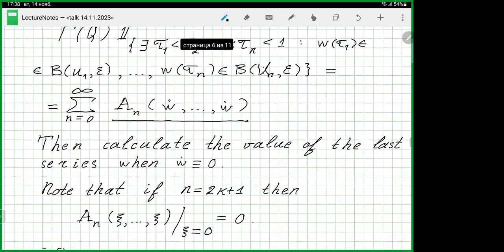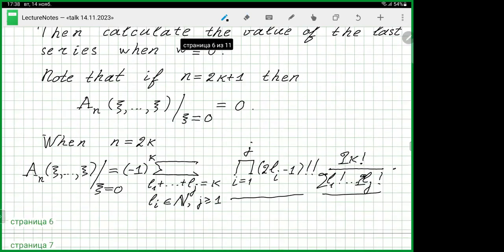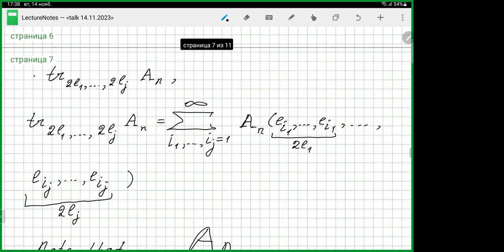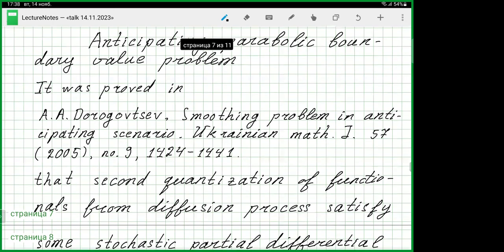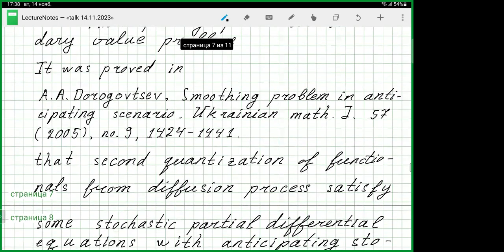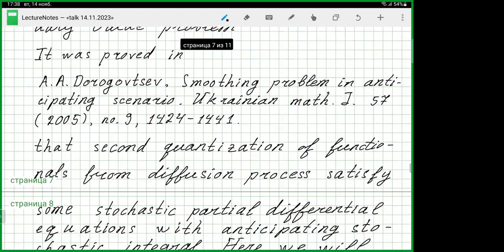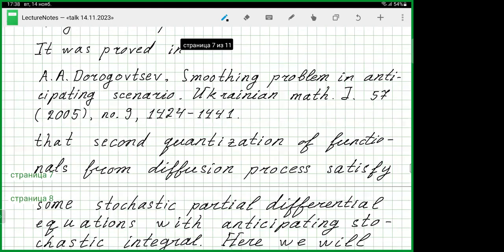Let us recall that it was proved in my paper, Smoothing Problem in Anticipated Scenario, in Ukrainian Mathematical Journal, volume 57, 2005, number 9, that the second quantization of functions from a diffusion process satisfies some stochastic partial differential equations with anticipated stochastic integral. So we can try to use the same.